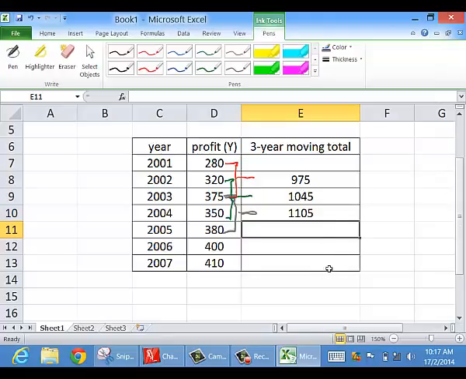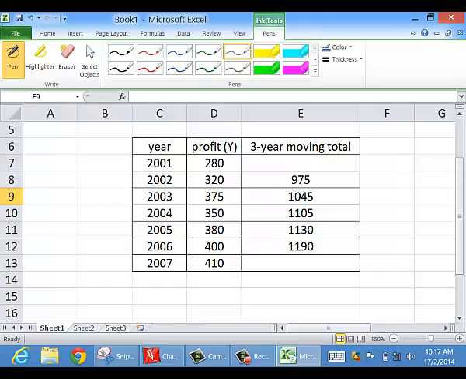This one equals 1,130, this one 1,190. Look at the sum value: 1,190 is the value from 380 until 410.